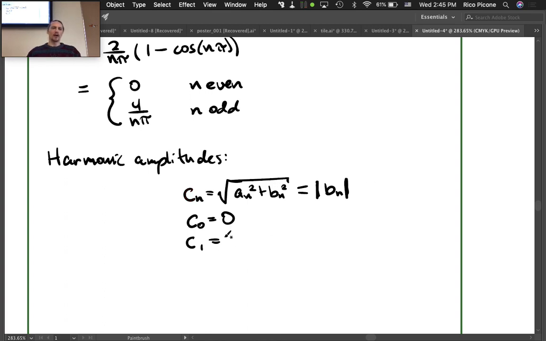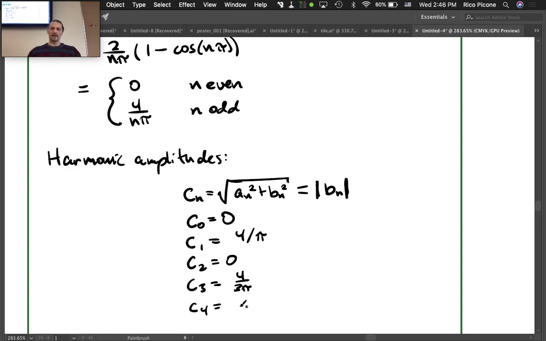And bn actually in our problem is never negative. This is always positive, so we don't really need to take the absolute value, but in general that's what that is. So we have 4 over 1 pi, so 4 over pi. C2 is even, so 0. C3 is odd, so we have 4 over 3 pi.